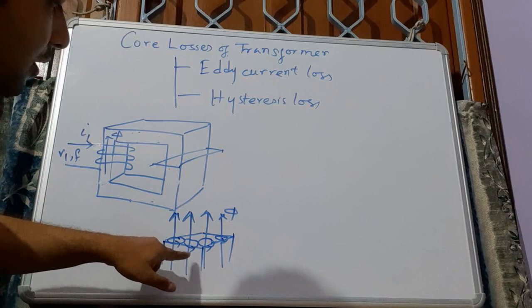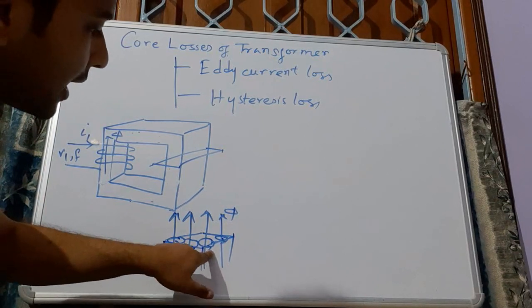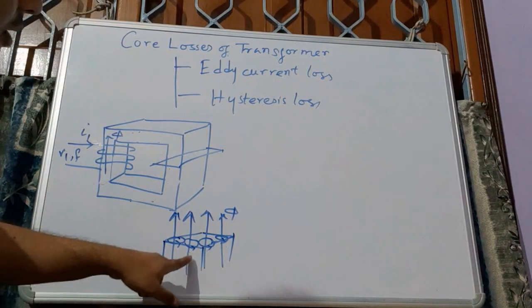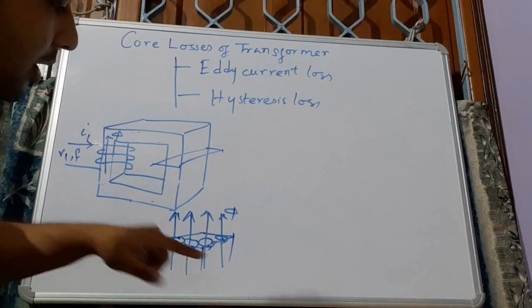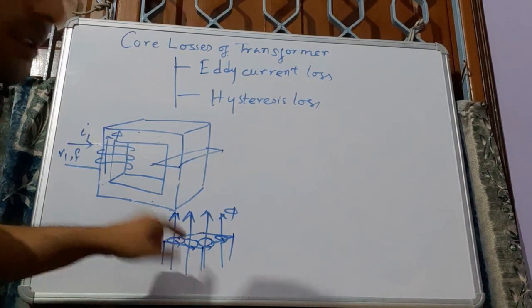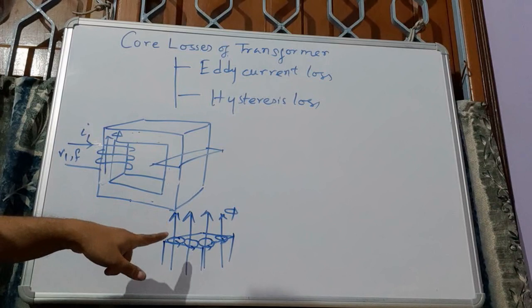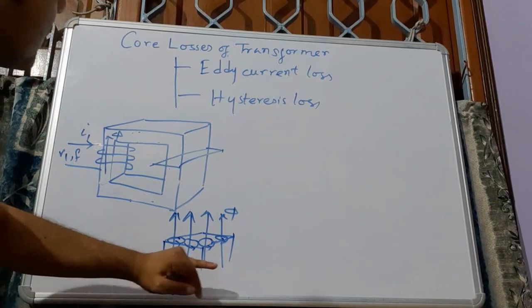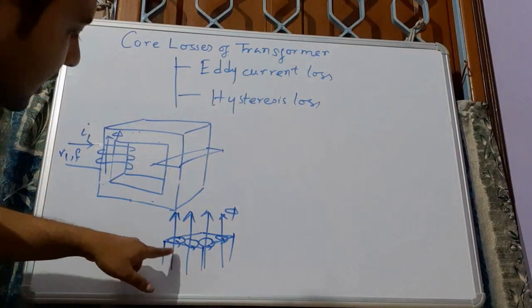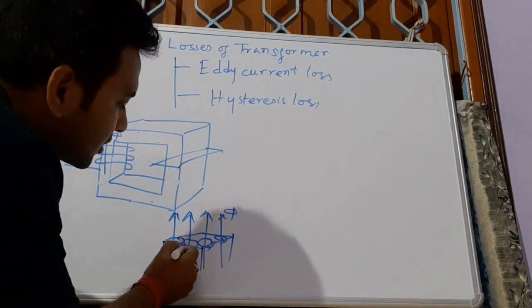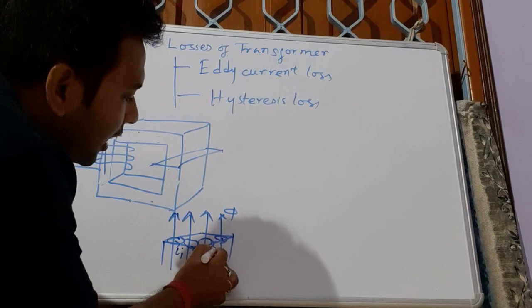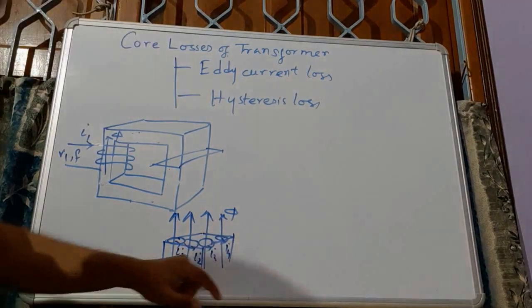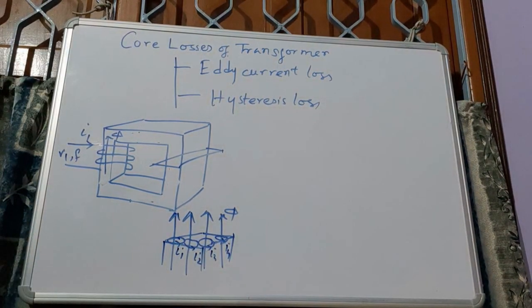So for this individual eddy current, there will be a considerable heat loss due to this current. So this heat loss is called eddy current loss, and the individual currents, suppose I1, I2, I3, I4, are all eddy currents, right?